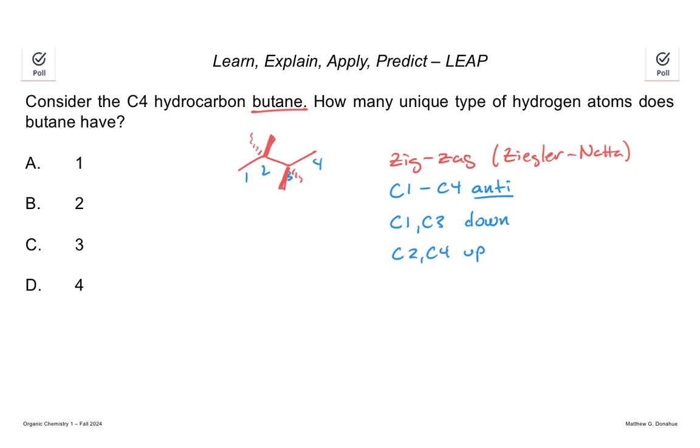So for example, what you don't want to do is the following. At C2, you wouldn't want to put it like that, or at C3, just because it looks weird.